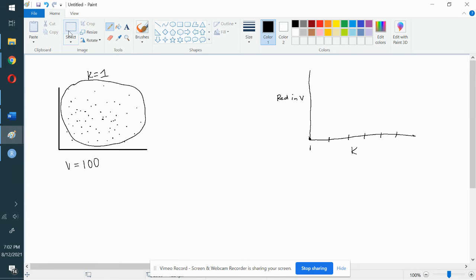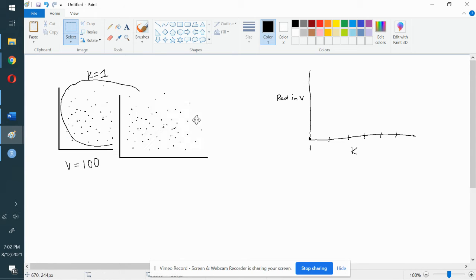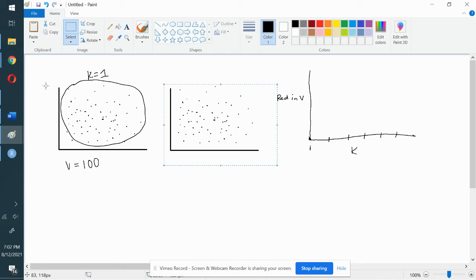So I'm just going to copy this data set and do another one for k equals 2. So this one will have two clusters.